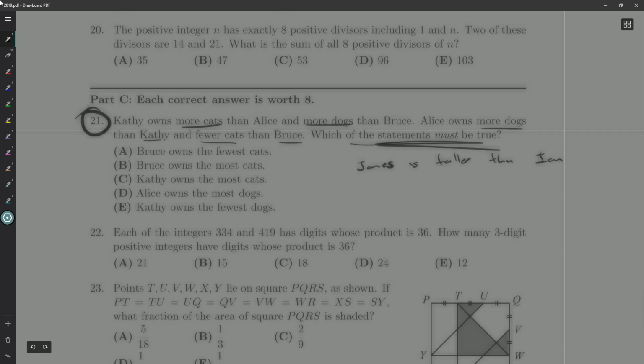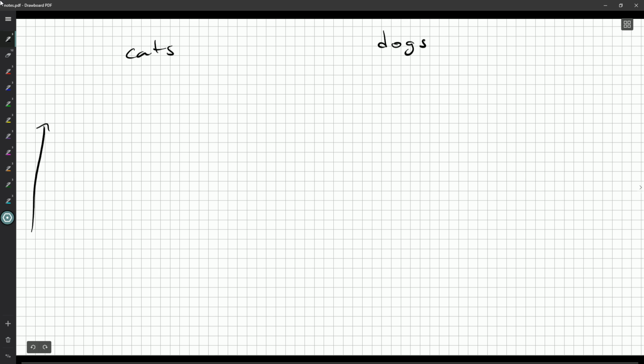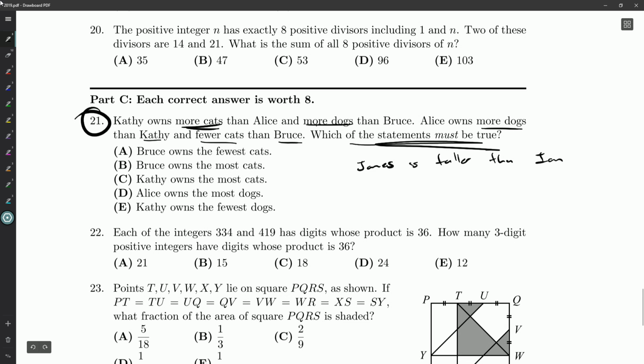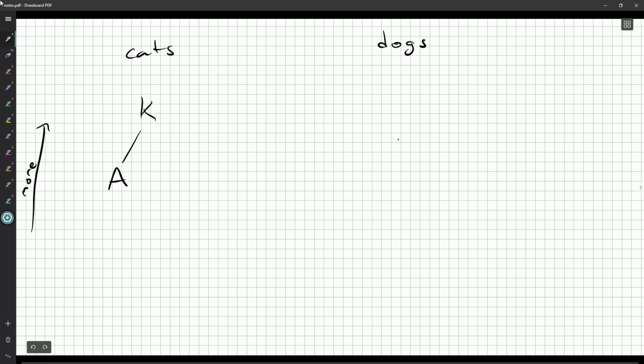So Kathy has more cats than Alice, so we're going to do the higher up, the more you have. So Kathy has more cats than Alice. We're also told she has more dogs than Bruce, so Kathy is higher up than Bruce.